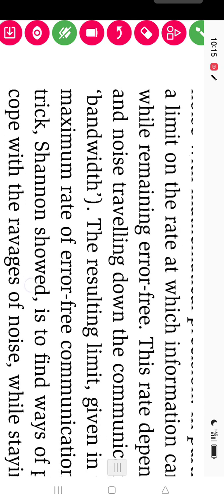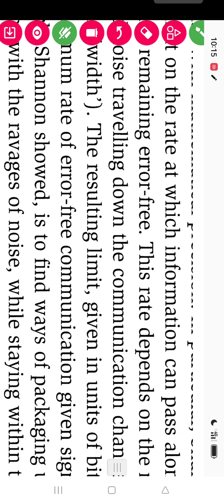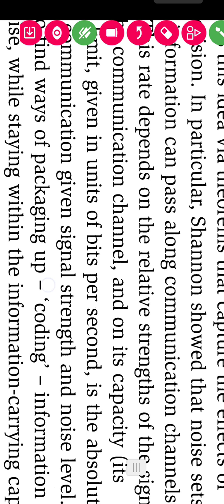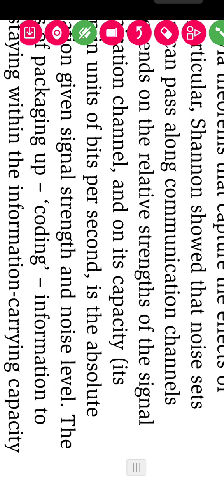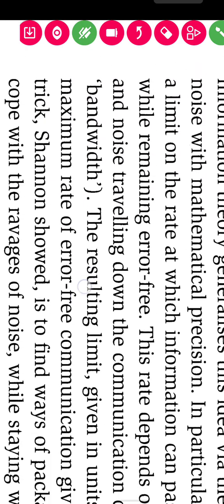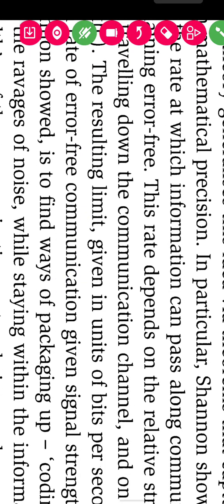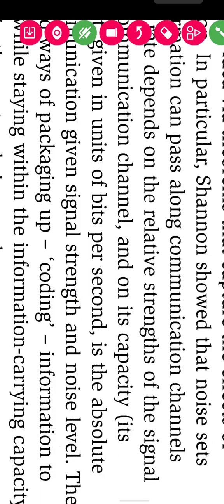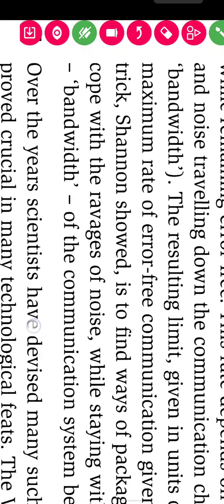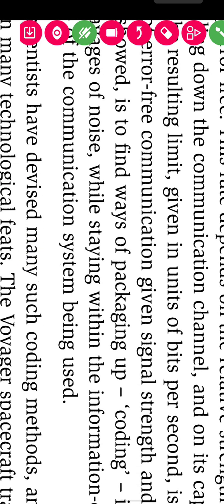The trick Shannon showed is to find ways of packaging information using coding. So it is mentioned that information, when it is sent from one place to another, is used as coding to cope with the range of noise, while staying within the information carrying capacity and bandwidth of the communication system being used.